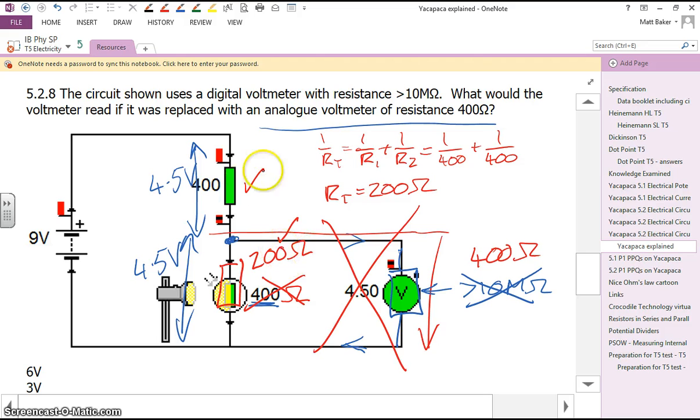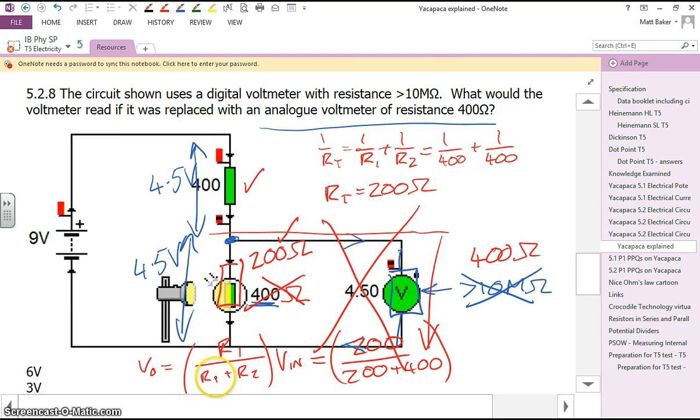So now we've got 400 ohms on the top here, and 200 ohms on the bottom here. So how's that going to affect the share of the resistance? Well, if you're Rowan, you might be able to work this out in your head, because the output voltage is going to be equal to resistor 1 over resistor 1 plus resistor 2 times the input voltage, and resistor 1, which is the one on the bottom, the one that we're interested in, is 200 divided by 200 plus 400.